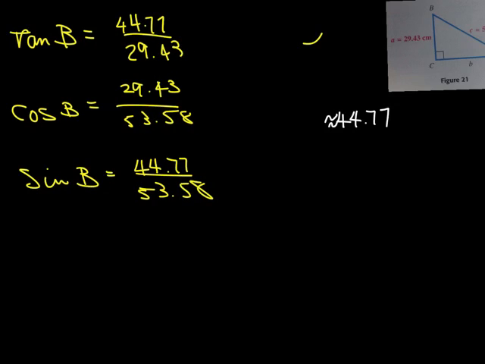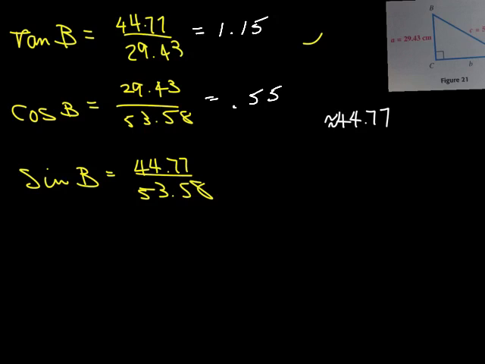All right, so when we take the 44.77 and divide it by 29.43, we get 1.52. When we take 29.43 and divide it by 53.58, we get 0.55.